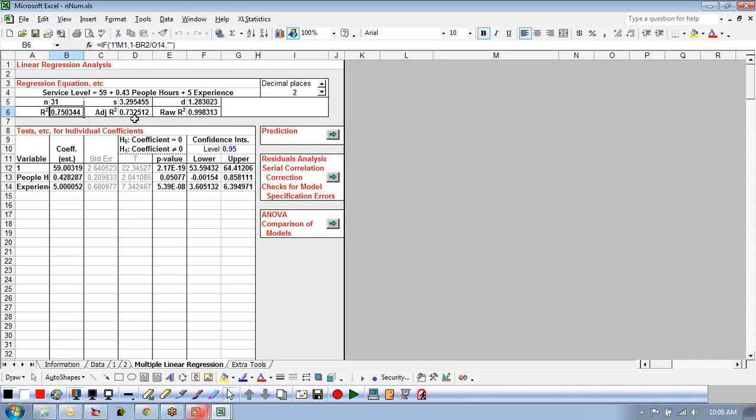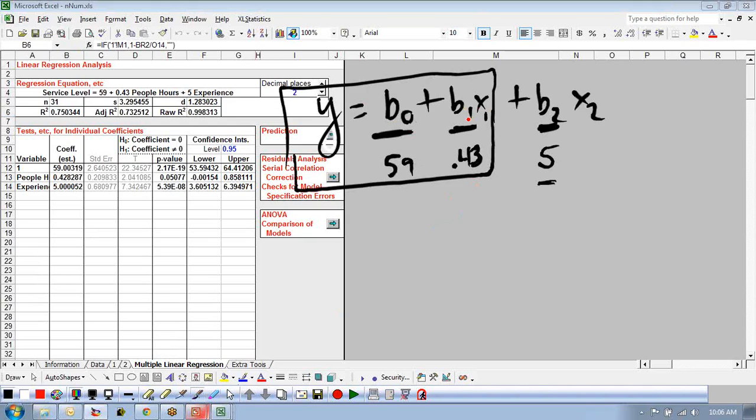Now, the adjusted R-squared deals with a problem called collinearity, or if you want to sound highfalutin, you can call it multiple collinearity. It means the same thing. And that involves adding many terms, right? So we have an equation that just has 3 terms, an x1 and an x2. But what if we wanted to add an x3 or an x4 or an x5 or an x6?